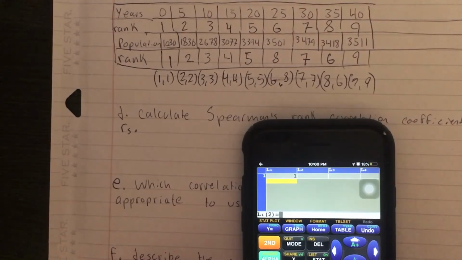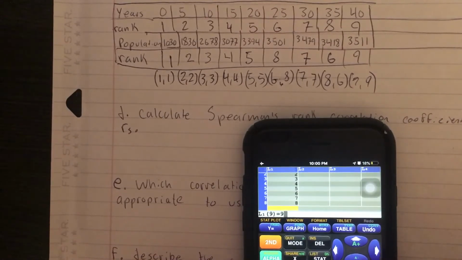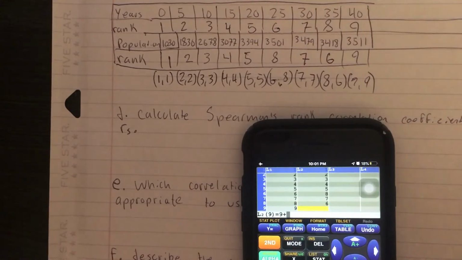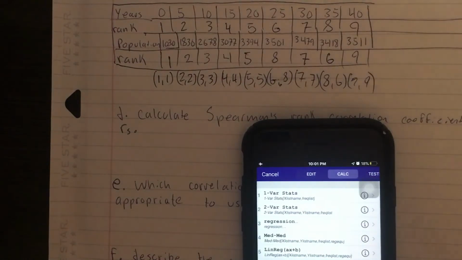So we're going to go 1, 2, 3, 4, 5, 6, 7, 8, and 9. And then over here on the left-hand side, 1, 2, 3, 4, 5, 8, 7, 6, and 9. And we're going to calculate the coefficient for that.